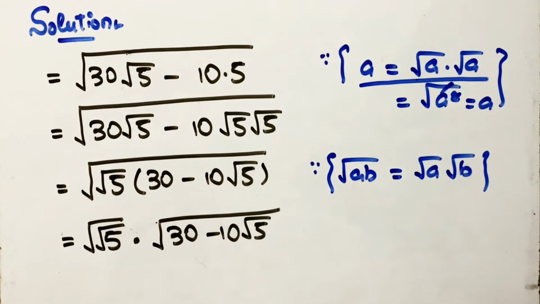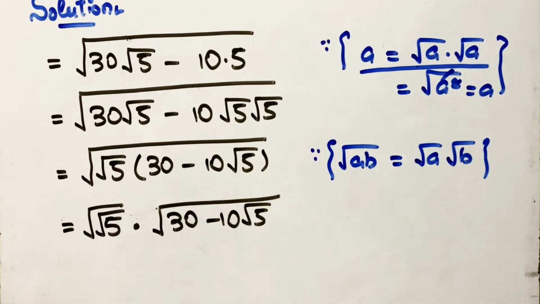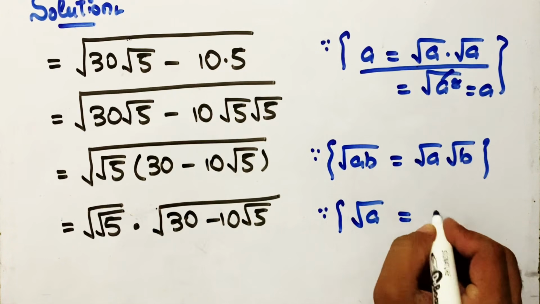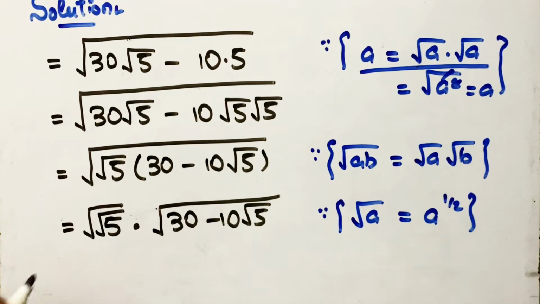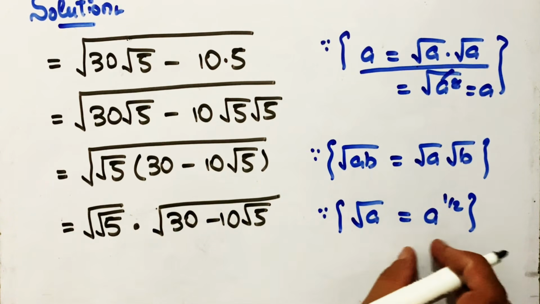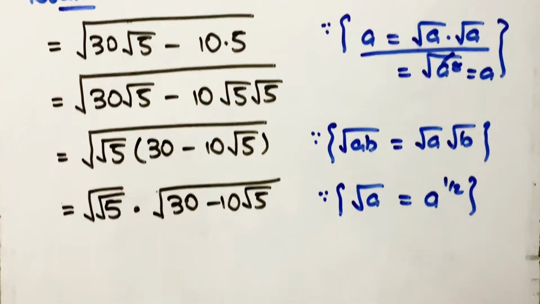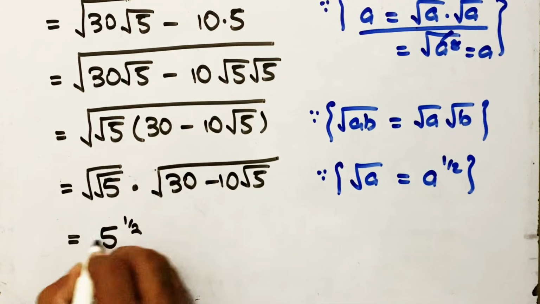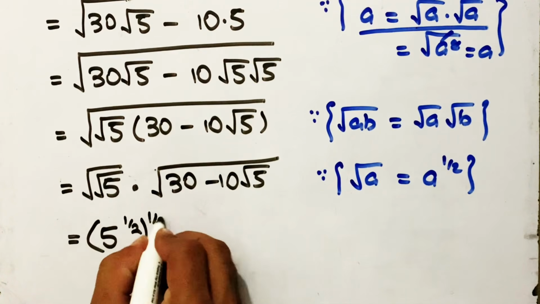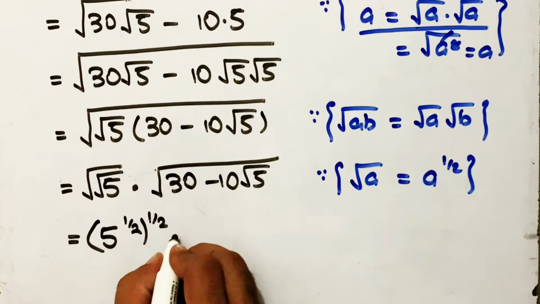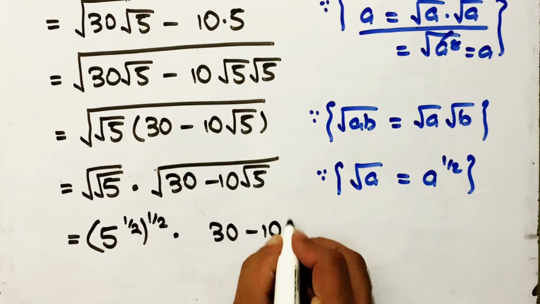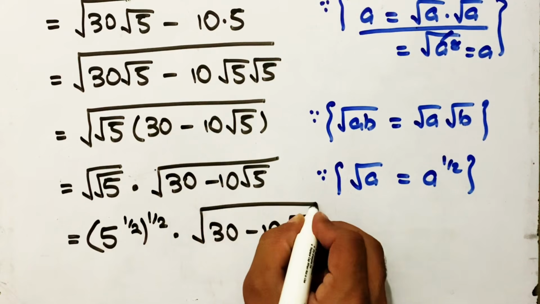The square root of a is equal to a to the power of 1 by 2, because the fractional exponent rule defines it. So our equation is 5 to the power of 1 by 2, with another square root as 1 by 2, times 30 minus 10 square root of 5, whole square root.